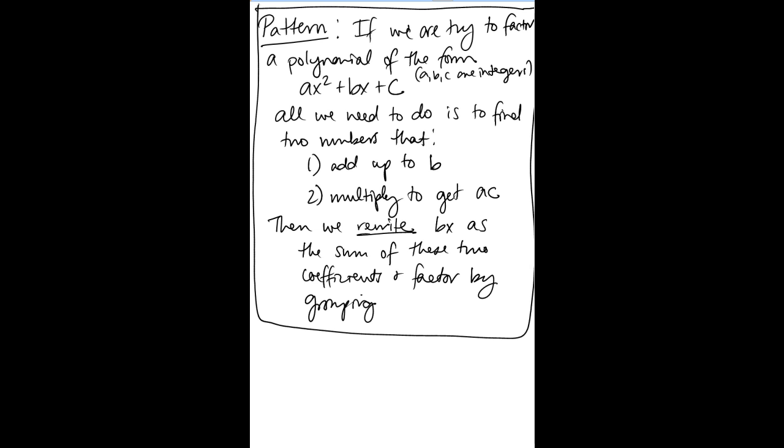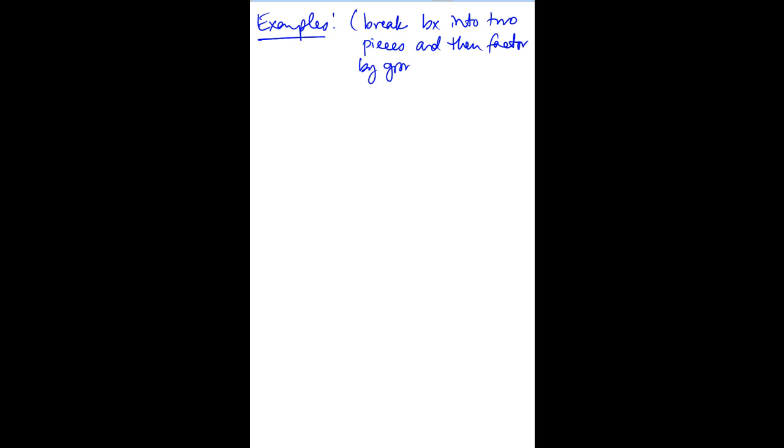Let's try some examples where we actually do this. These are examples where we want to break bx into two pieces and then factor by grouping. So we'll start with our first example here.